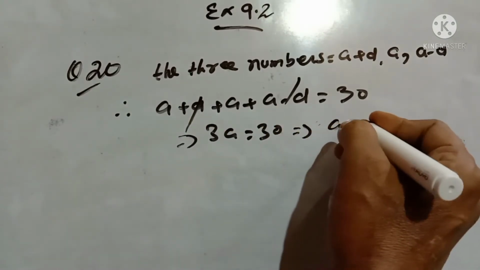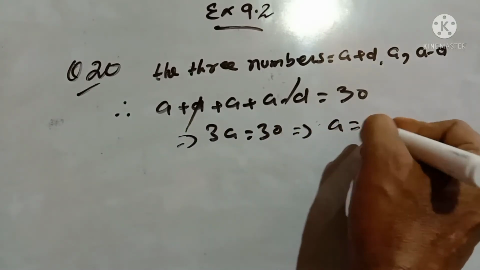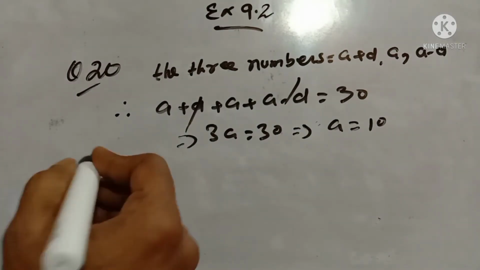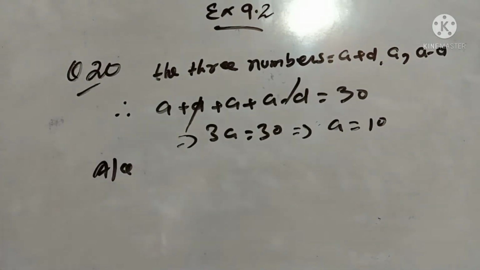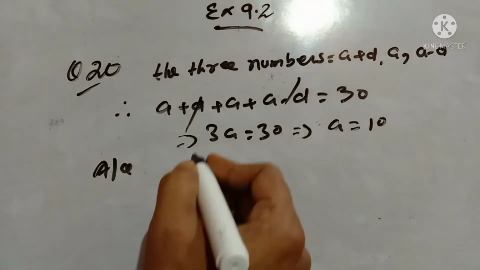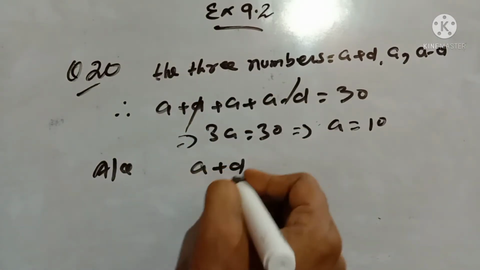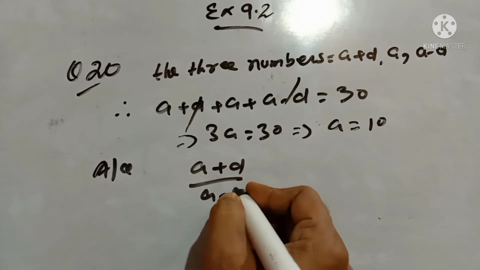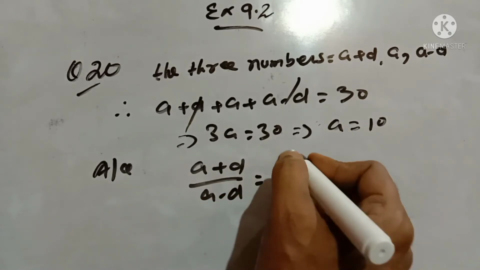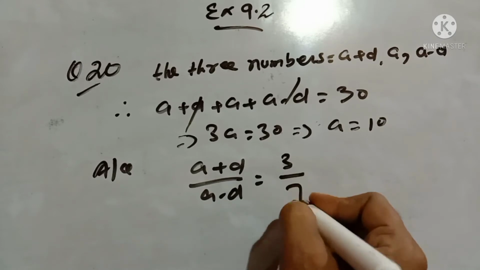This implies that a equal to 10. Now according to the question, it is given that the first term to the third term, means a plus d and a minus d, their ratio will be 3/7.